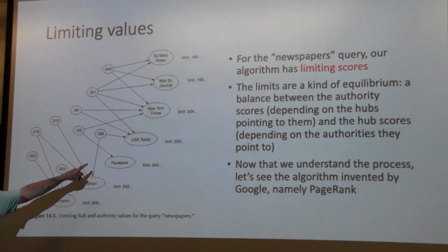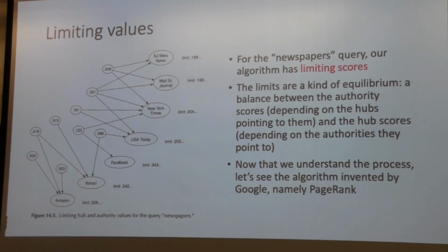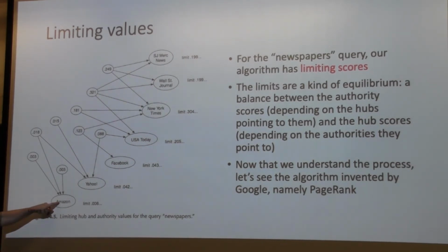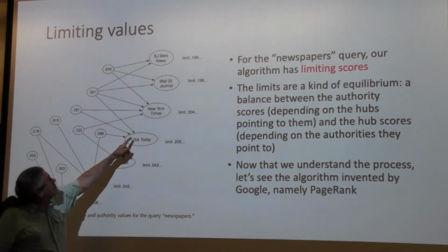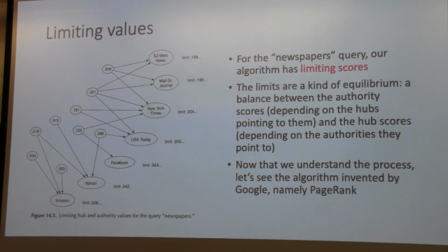So it's funny, you can see New York Times has a high score of 0.304, whereas Amazon has a low score. Actually, New York Times has a high score because many pages that are important, that are relevant to newspapers, point to New York Times. Okay? And they are important.